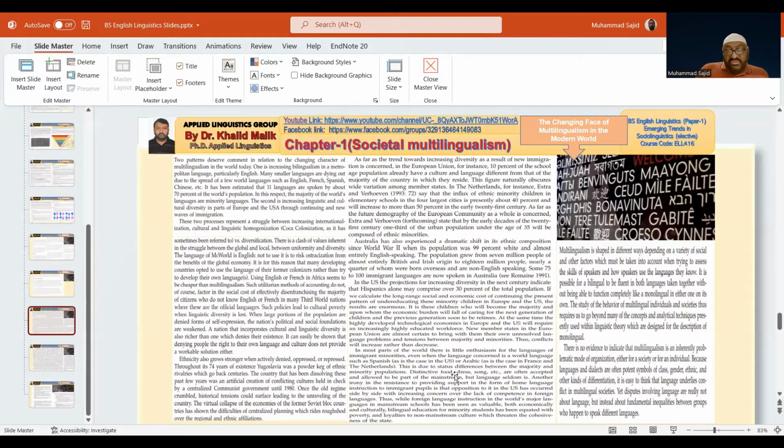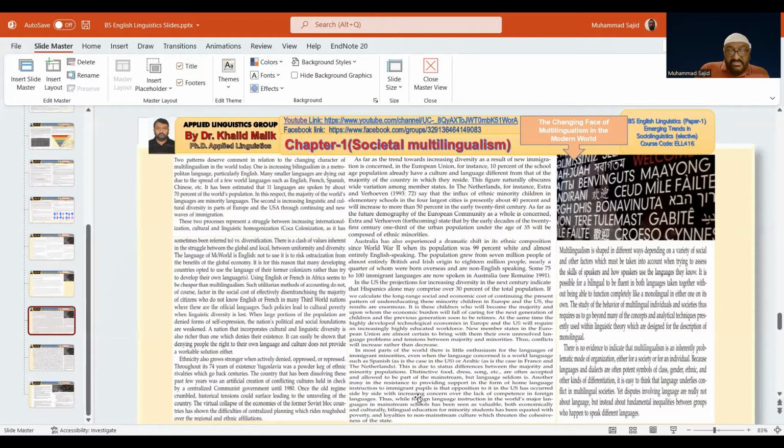This is due to status differences between the majority and minority populations. Distinctive food, dress, song, etc. are often accepted and allowed to be part of the mainstream, but language seldom is.